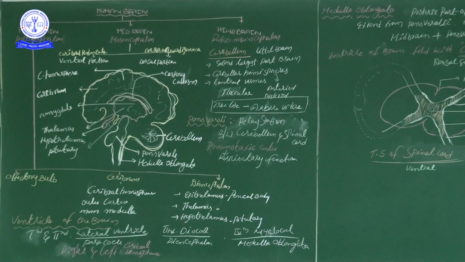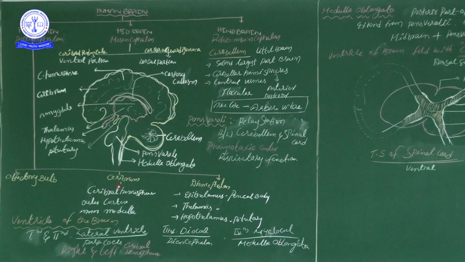In the last video you already learned about the olfactory bulbs, related to the sense of smell. The olfactory epithelium present in the nose gives the information through sensory neurons to the olfactory bulb.